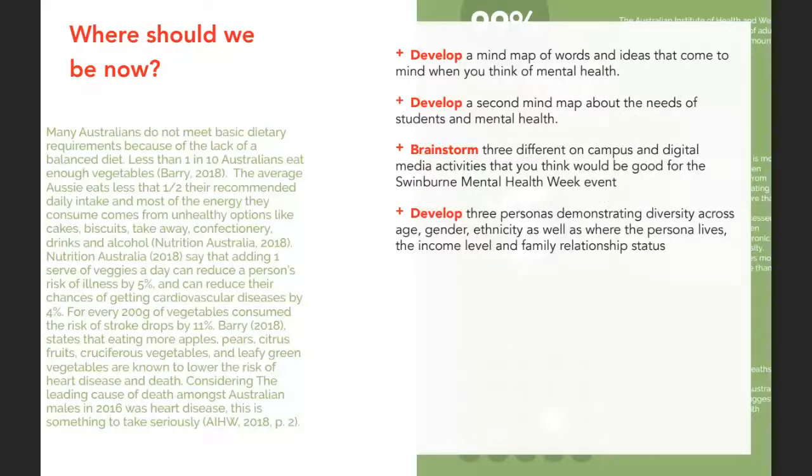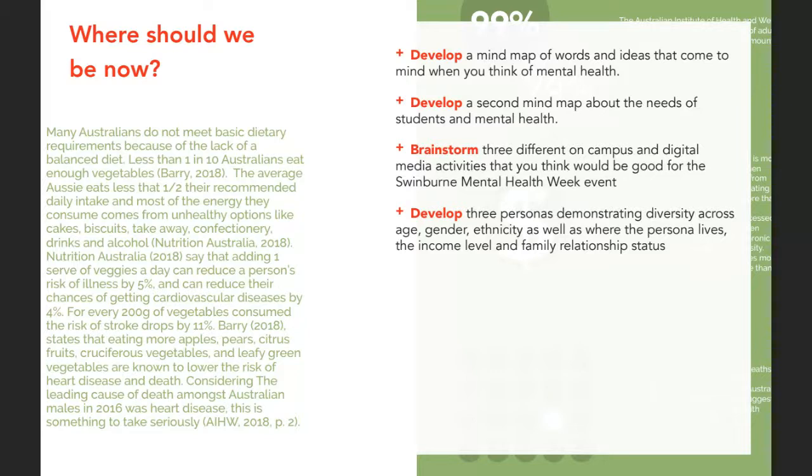So at this point in our weekly tasks, we're up to week 1, so develop a mind map of words and ideas that come to mind when you think of mental health. And then a second mind map about the needs of students and mental health, and brainstorm the 3 different on-campus and digital media activities that you think would be a good fit for the Swinburne Mental Health Week event, and develop 3 personas demonstrating diversity across age, gender, ethnicity, as well as where the persona lives, the income level, and the family relationship status.